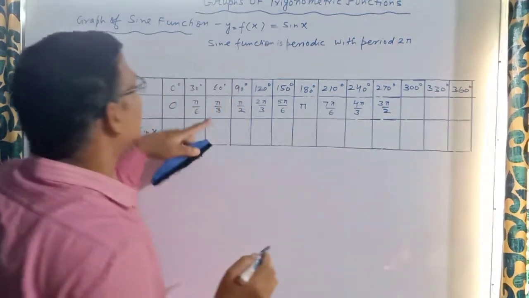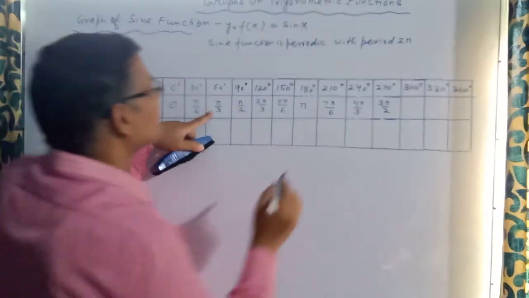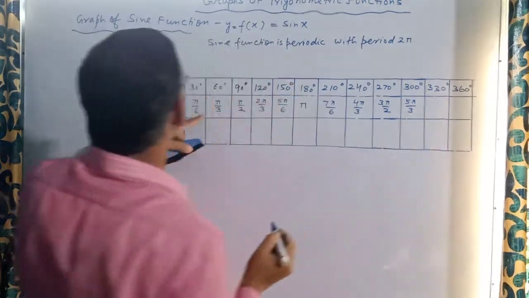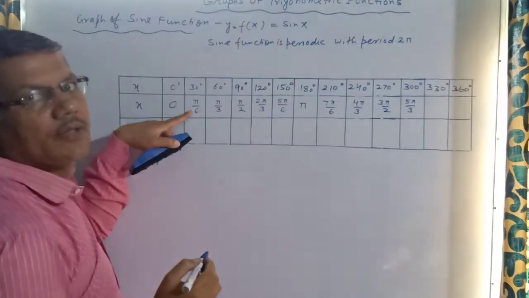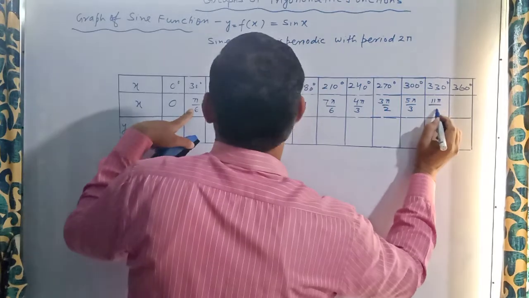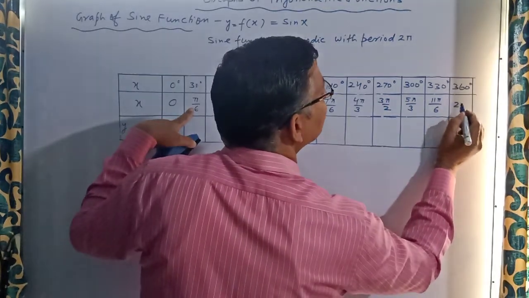Now 300, 5 times of 60 degree, that is 5 pi by 3. 330 is 11 times of 30, that is 11 pi by 6, and it is 2 pi.